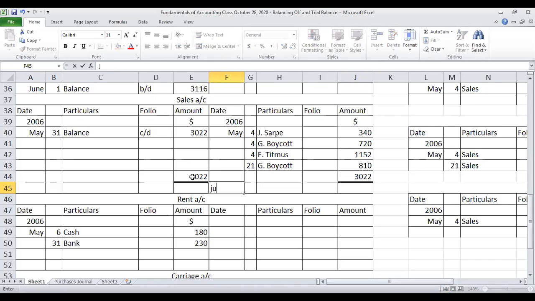It would be said then that your sales account has a credit balance of 3,022.